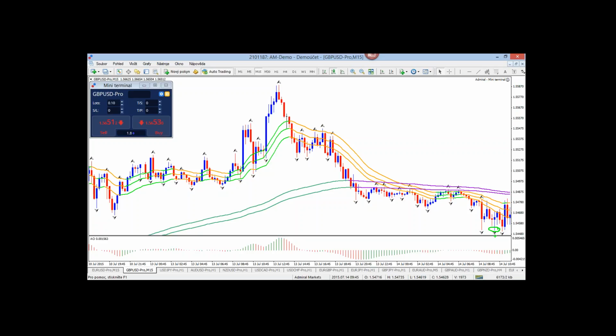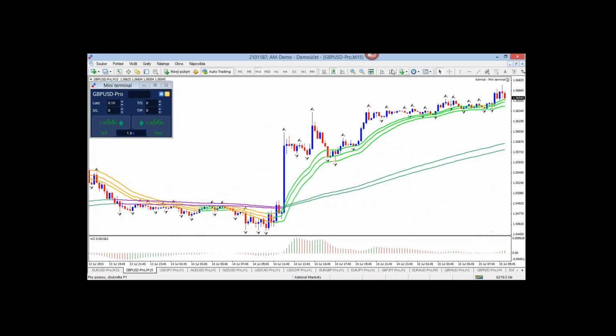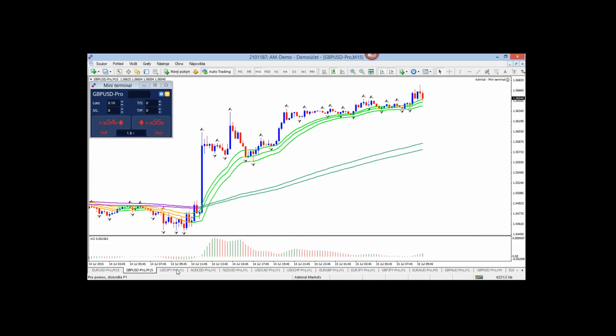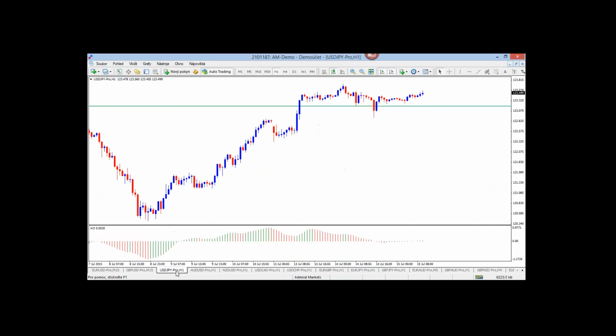So due to the fact that it posted a new low, this momentum here is technically, officially still in play, although the break was very small, so small that I didn't even see it yesterday. All right, let's take a look at dollar yen. Because of that break, the momentum was still in play to the downside.